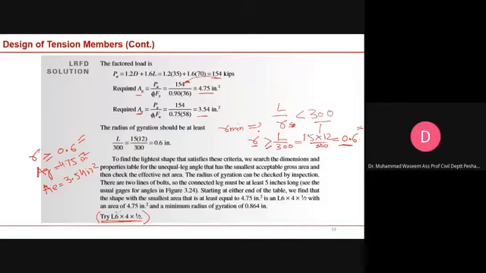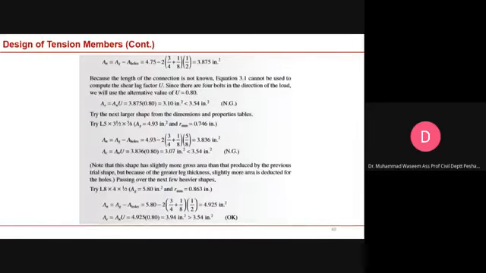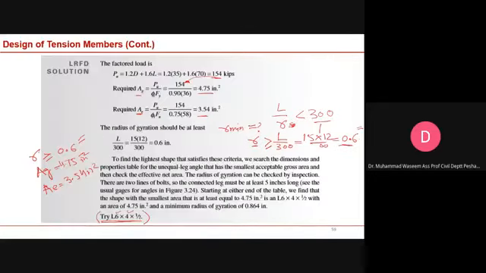Okay, this is the first leg, this is the second leg, this is the thickness. Okay, and for this angle, the gross area is given. The gross area is 4.75 inch square. Now you will calculate the net area.